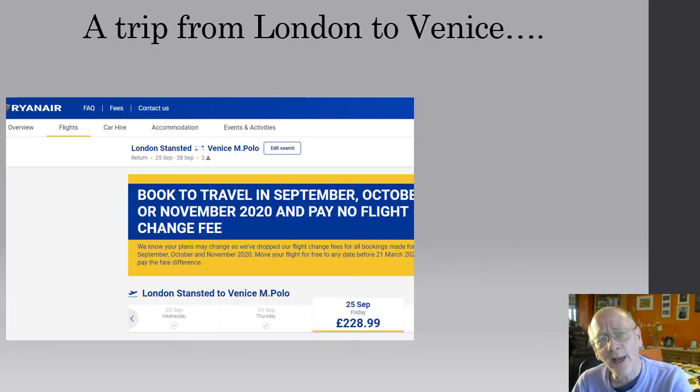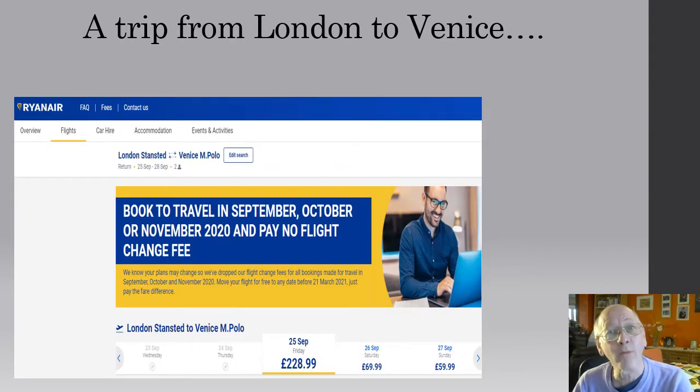So what if you want a Ryanair flight from London to Venice? Well, if you want to go on the 25th of September, it would have been £229 bar a penny. Well, what if you want to go a day later? £69.99. What about the following day? £59.99.